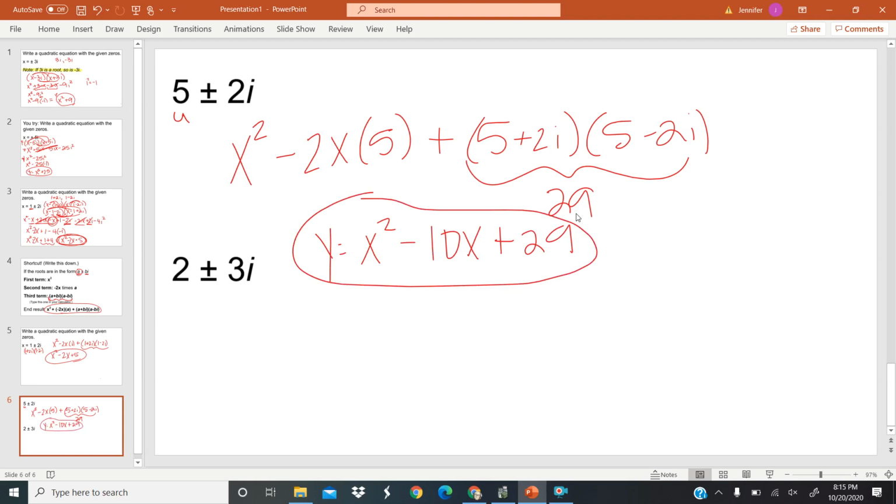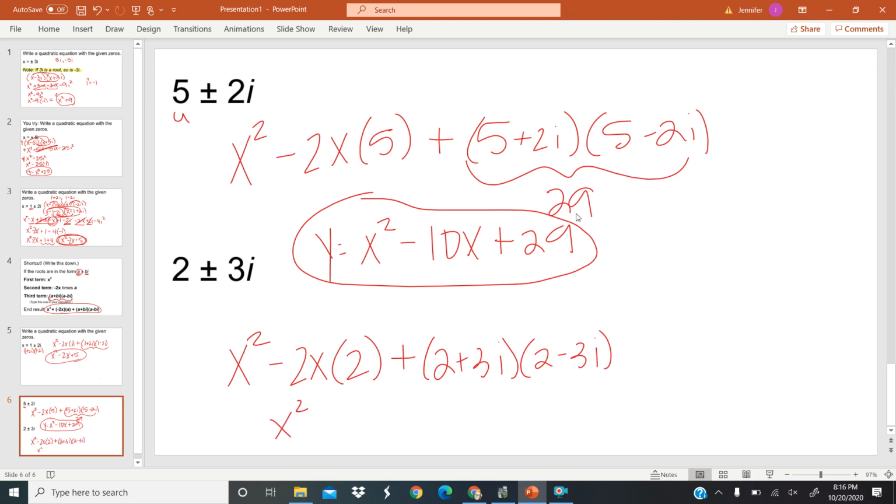Then for my second one, the 2 plus or minus 3i, I would have x squared minus 2x times a, which is 2, plus 2 plus 3i times 2 minus 3i. I would start simplifying, so I would have x squared minus 2x times 2, which is minus 4x, and then I'm going to multiply my two imaginary roots together, so 2 plus 3i times 2 minus 3i.